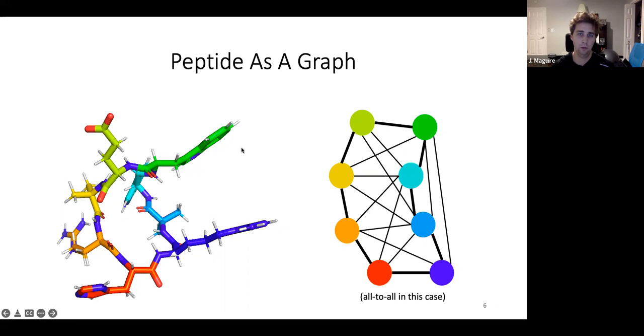Each residue is a different color that corresponds with the nodes. One node is a residue, and then we connect edges between residues that are close in space. For this project, since we're considering the current conformation but all possible conformations, we're actually doing a fully connected graph. But the conventional method is residues that are close in space get edges. So just as a bit of background. So all-to-all graph in this case.